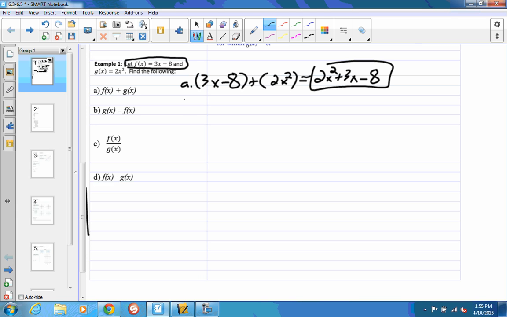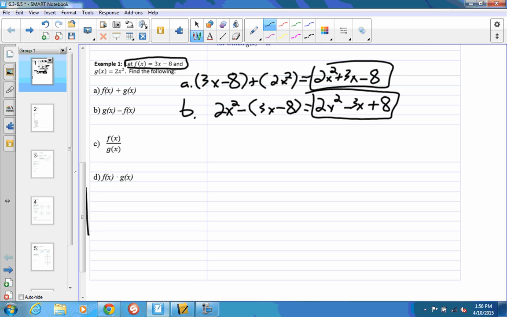How about B? G of x minus f of x. So I'm switching here. So 2x squared minus, and your parentheses are important, right? 3x minus 8. So 2x squared, put it in standard form, minus 3x plus 8. Good.